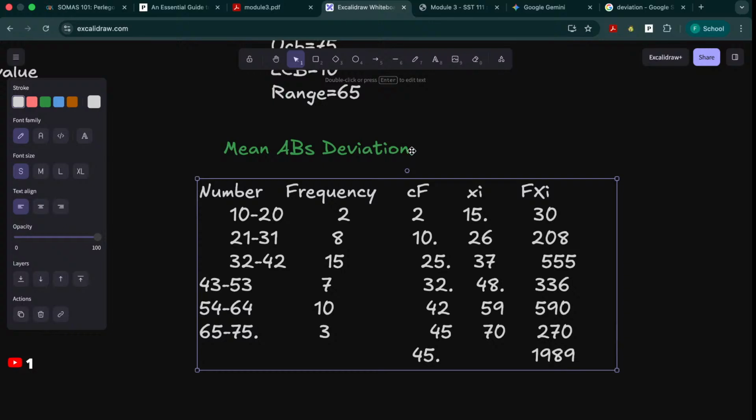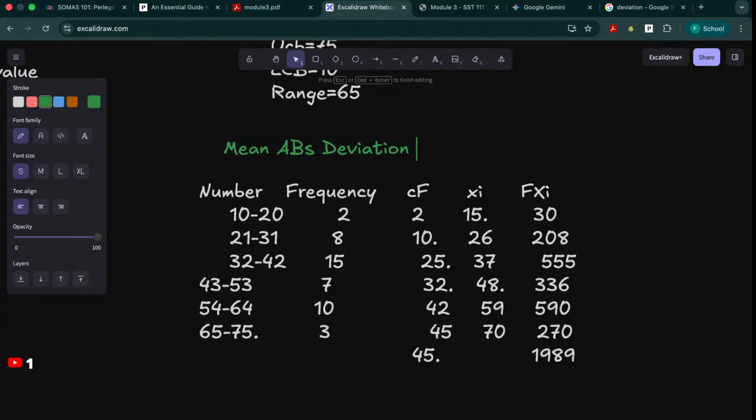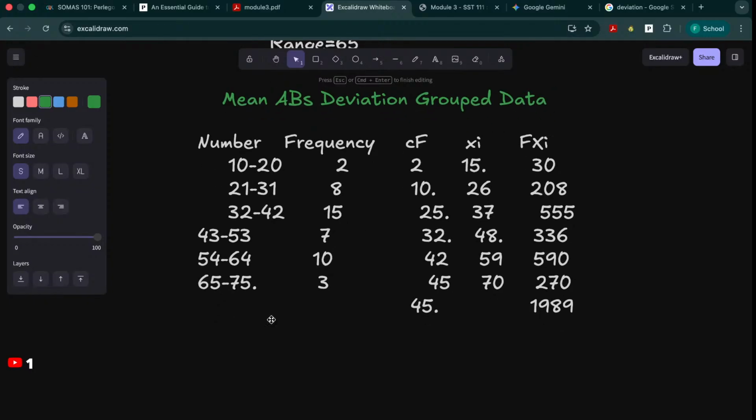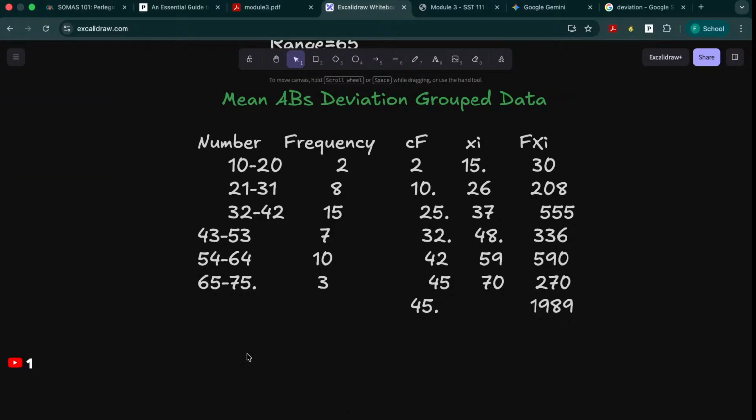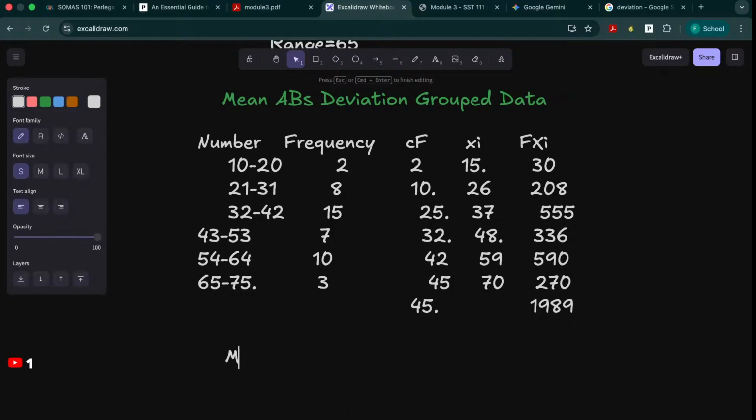So this is our data for grouped data. So for this one, we will be able to do mean absolute deviation.